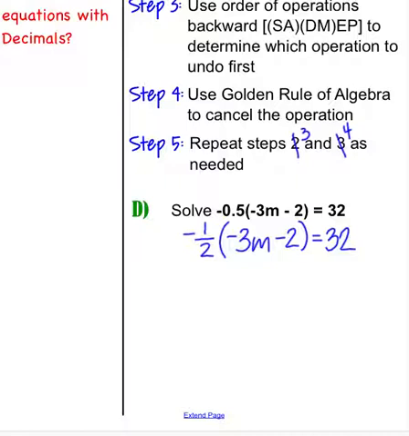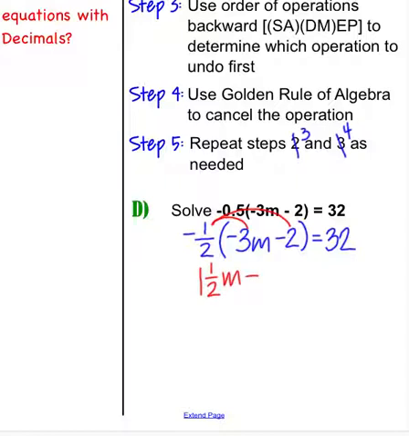Then I'm going to go ahead and bomb out the 1/2. Negative times a negative is positive. Half of 3m is not, by any means, 3.5m. It is half of 3. If I have $3 and I take half of it, I get 1 1/2, or 3/2 m.